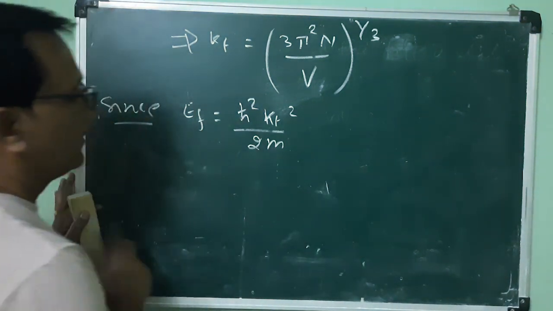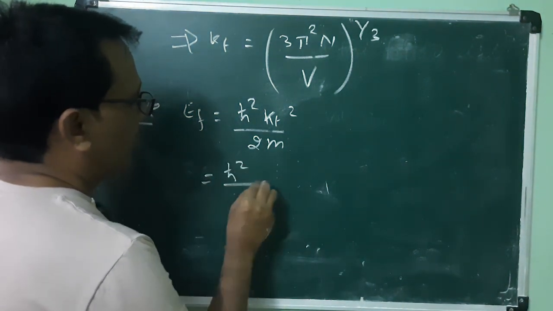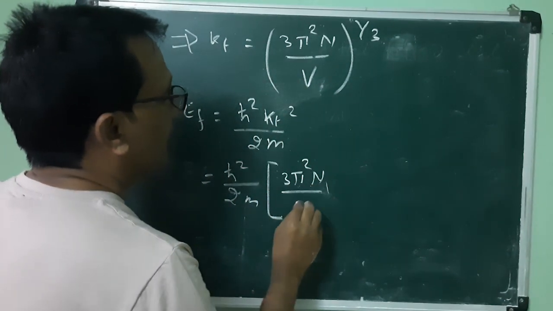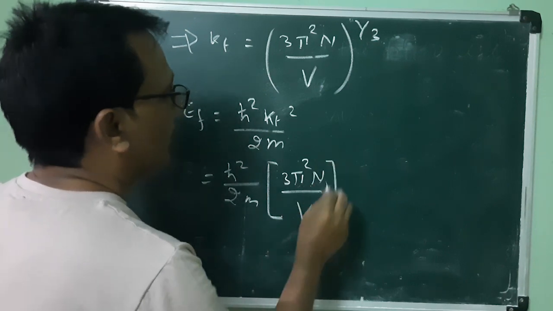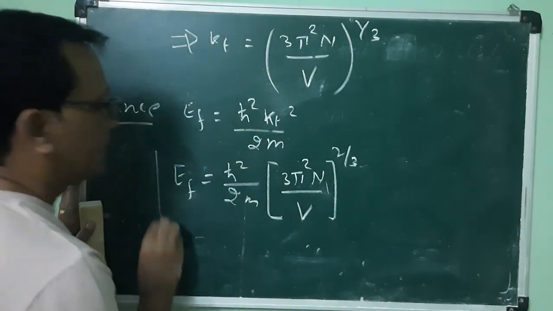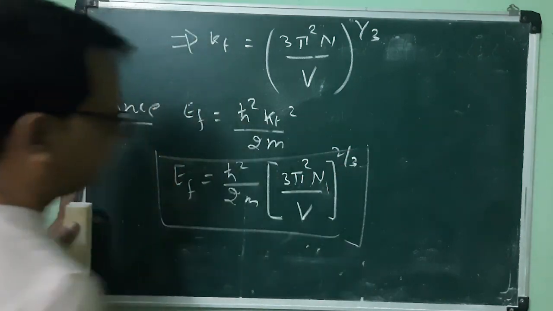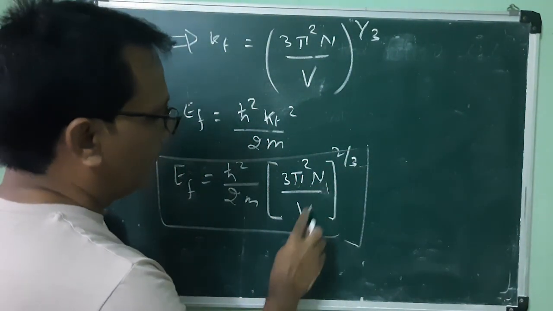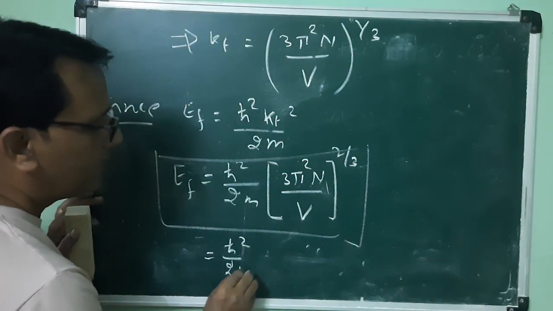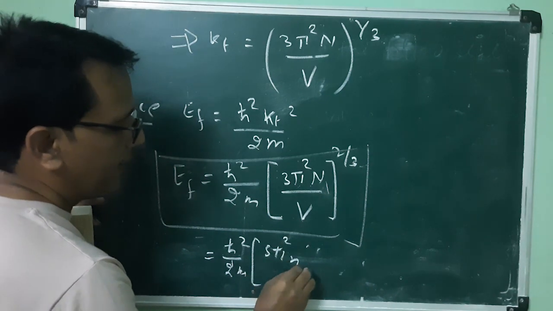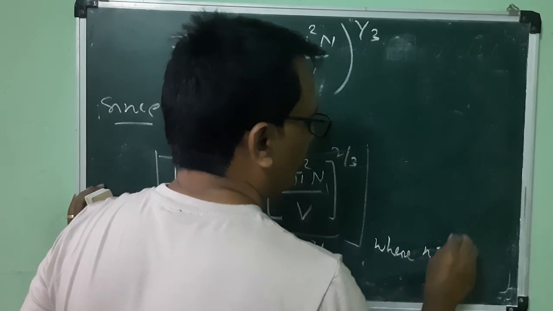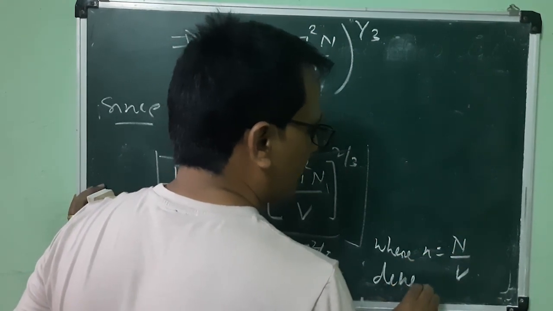So EF can be written as ħ square by 2m, and this kF is (3π square n by V) in square terms, so the power is 2/3. So the EF energy can be calculated like this. And this n upon V can be replaced by a single n, where n is equivalent to capital N by V. This is the density of electrons.